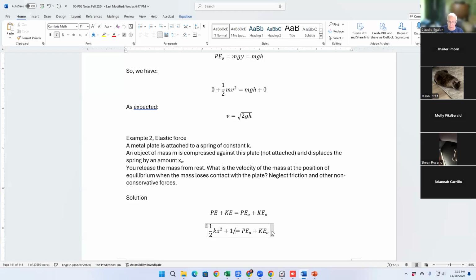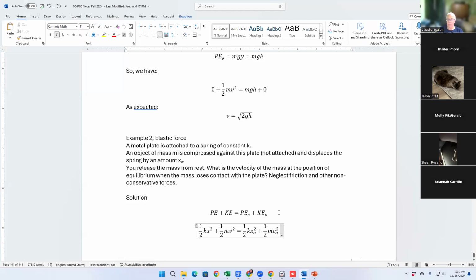The kinetic energy is half mv squared. Initial potential energy is half kx naught squared, the initial position, and initial kinetic energy is half mv naught squared.